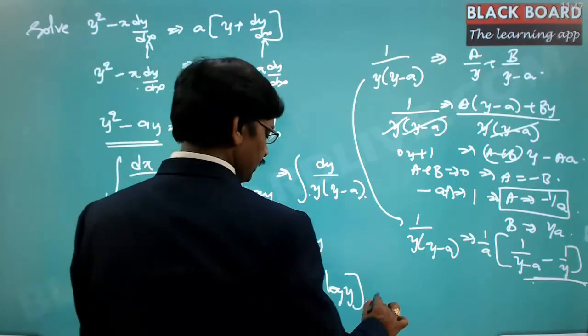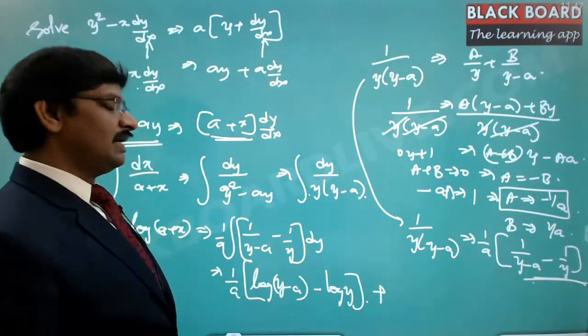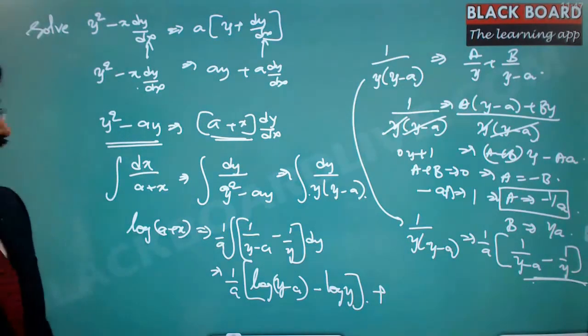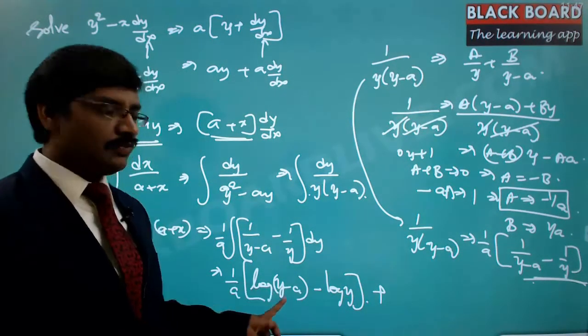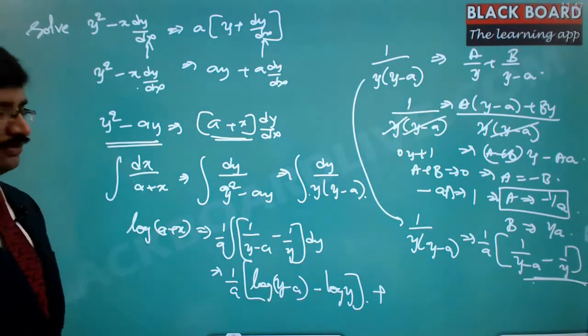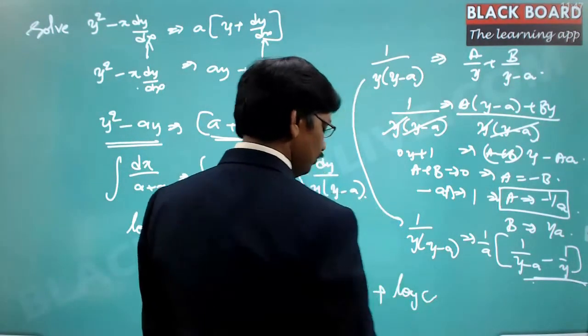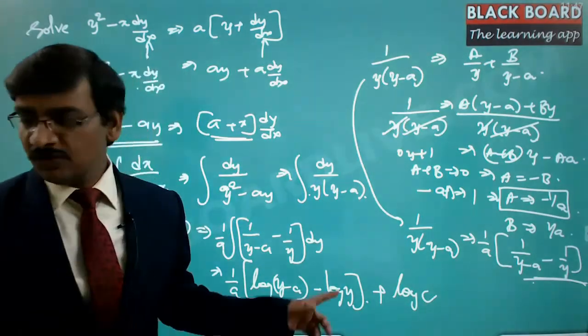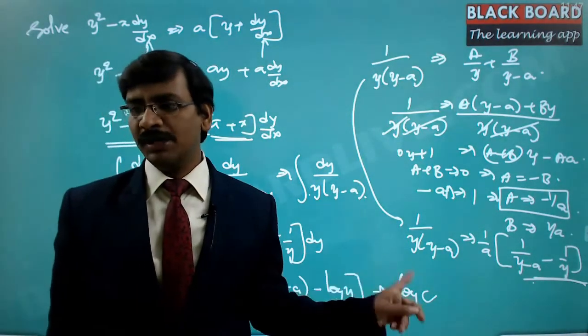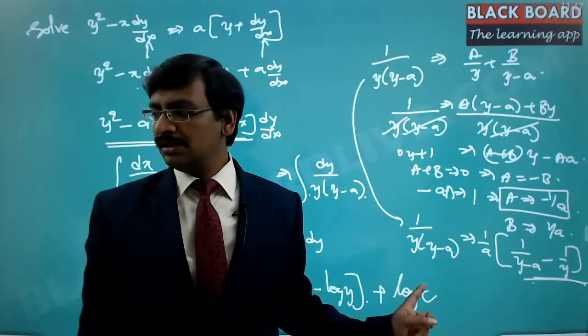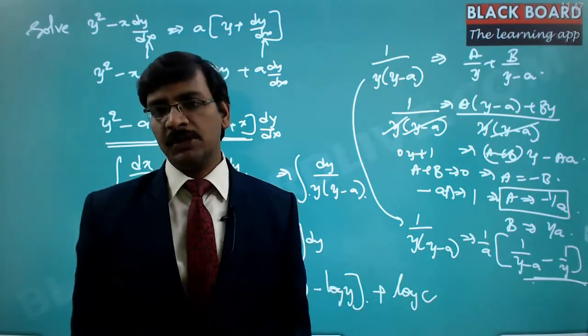plus some arbitrary constant. Now while identifying this arbitrary constant, here logs are involved and here also logs are involved. So I write the arbitrary constant as log c rather than simply c. Why? Because even if you write log c, it will not make any impact, because this is still the arbitrary constant.